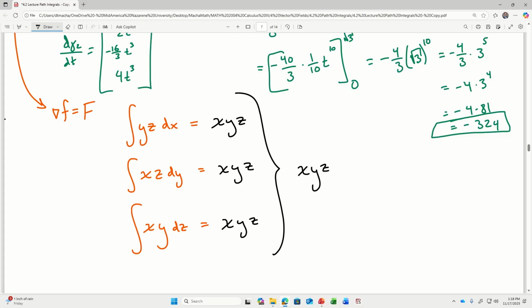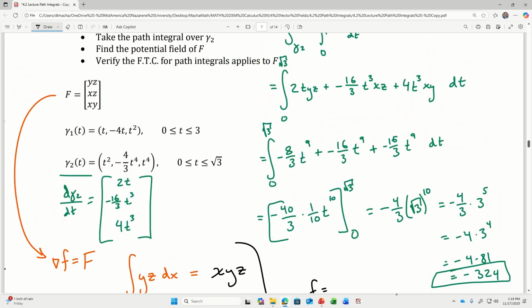Sometimes you get different terms and different antiderivatives, and you've got to combine them. Not necessarily add them up, but look for the ones that are missing from one another. But in this case, it was really easy. My potential field is going to be this: x times y times z, plus a constant if you want.